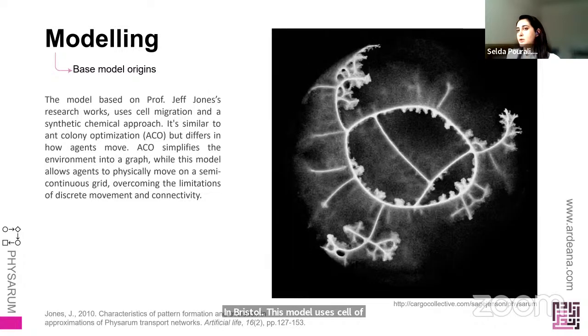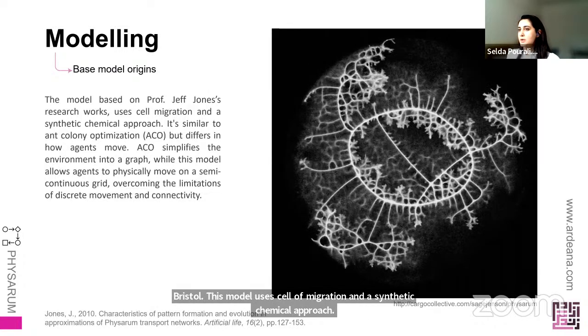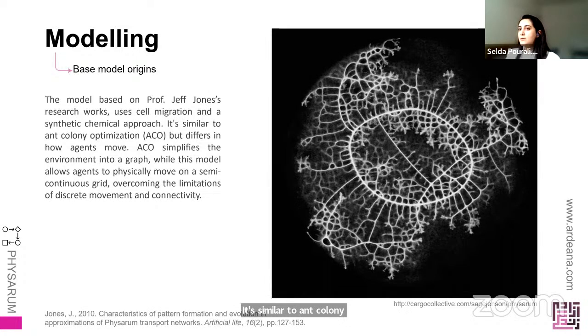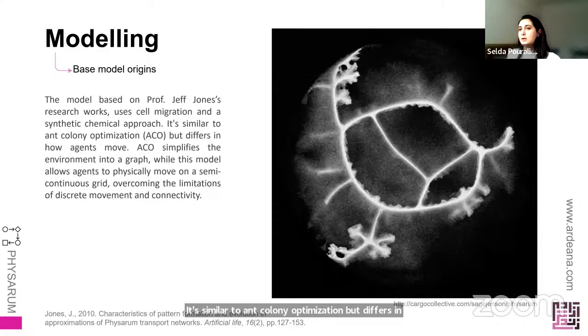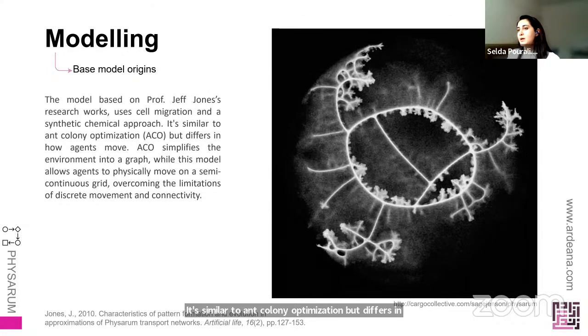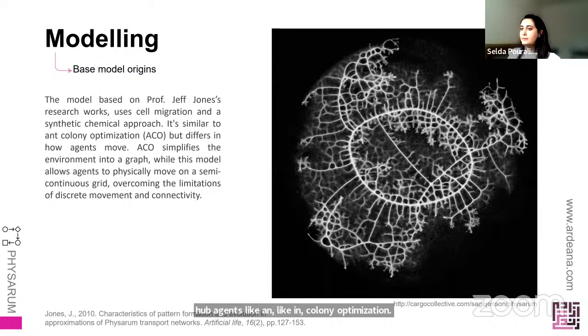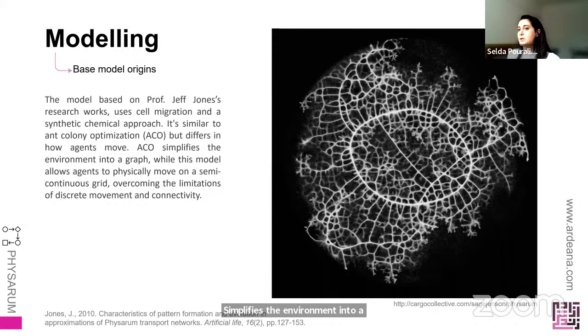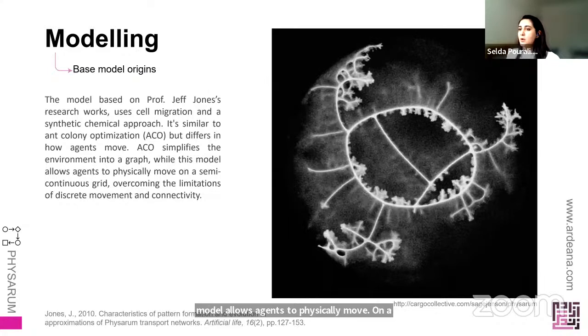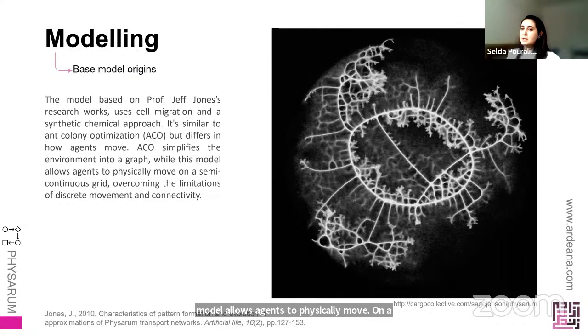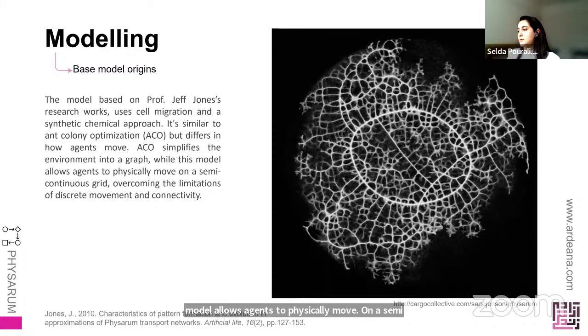It's similar to ant colony optimization, but differs in how agents move. Ant colony optimization simplifies the environment into a graph, while this model allows agents to physically move on a semi-continuous grid, overcoming the limitations of discrete movement and connectivity.